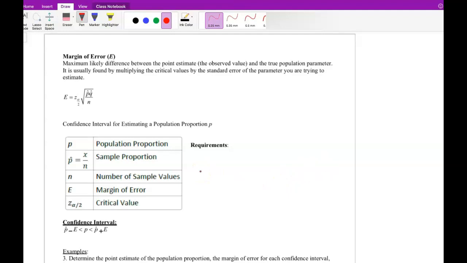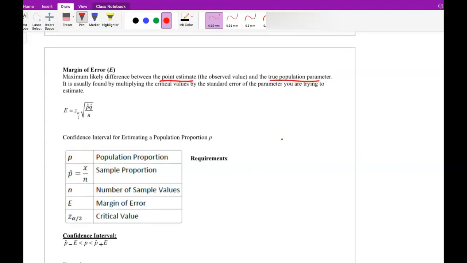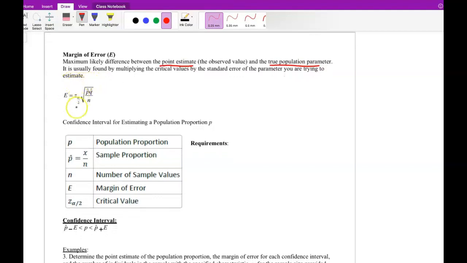Now in this part we have margin of error. So we want to find the difference between point estimate and the true population parameter. So this error is equal to z alpha divided by 2 times square root of p hat times q hat divided by n.